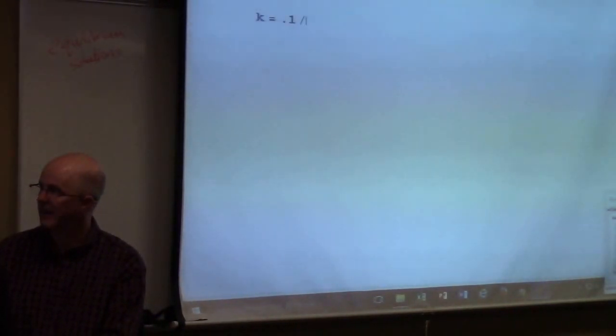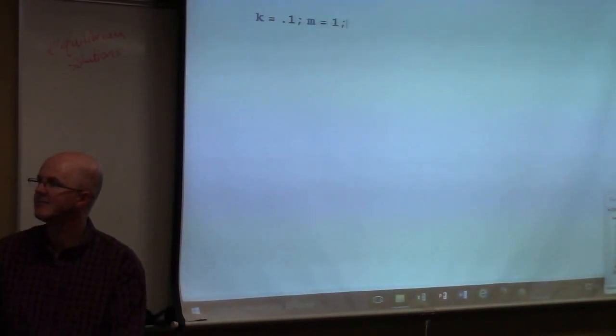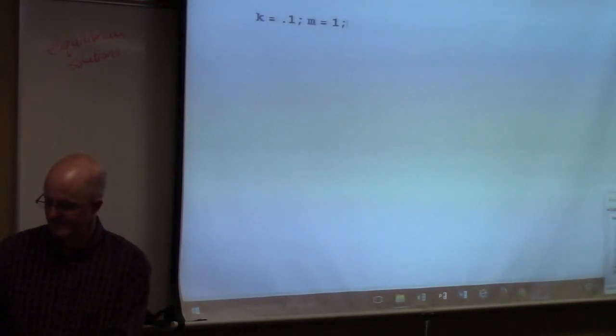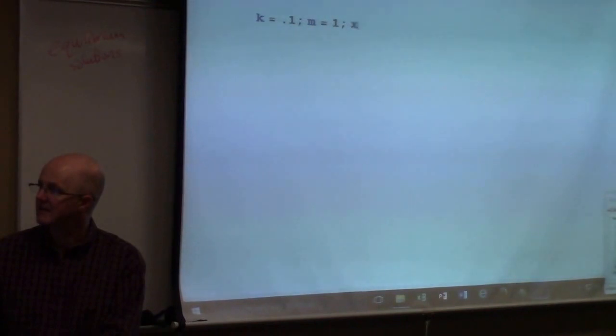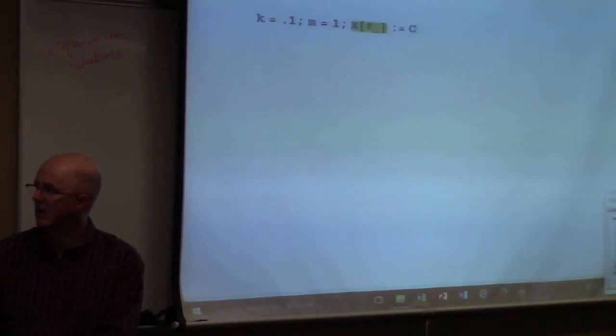With ParametricPlot, just like we did in the past. I will go ahead and, for sake of simplicity and time, pick values for k and m. I'll pick k as 0.1 and m is 1. Let's let x of t be cosine of square root of k over m times t.